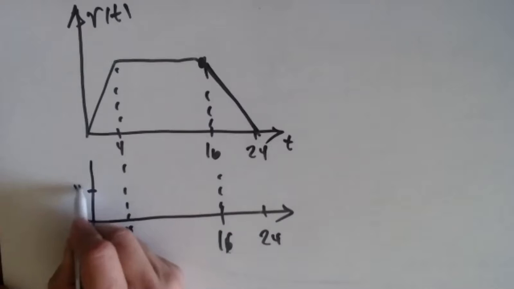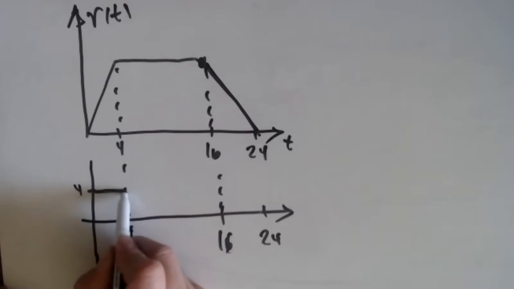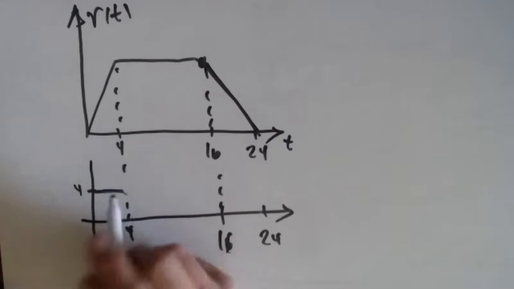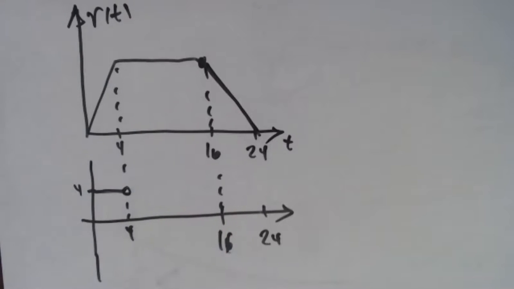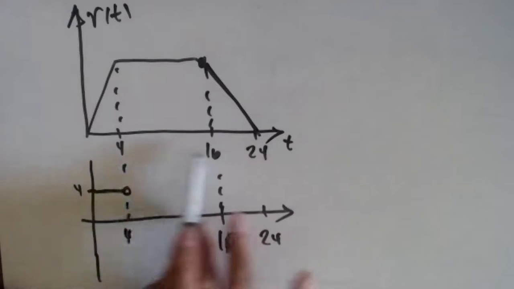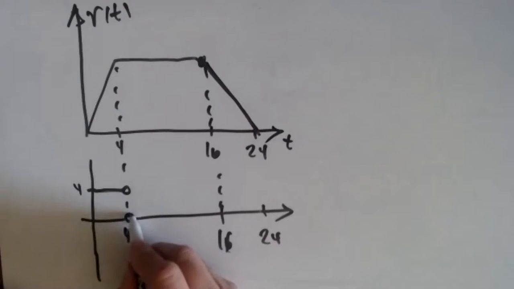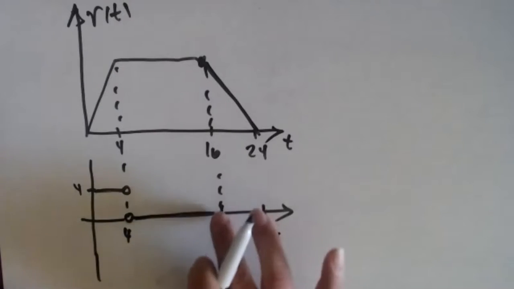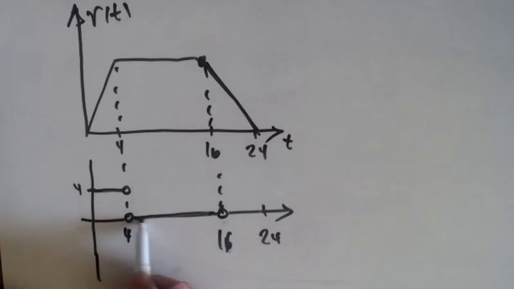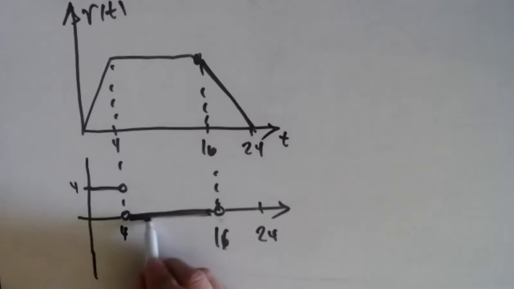So if this is 4, your slope, the acceleration, is always the same. So here you have a peak, so you have no value for the function. Then in this portion between 4 and 16, what do you have? 0. So I'm going to put a 0, correct? So I'm going to have this line, a thicker line, correct?